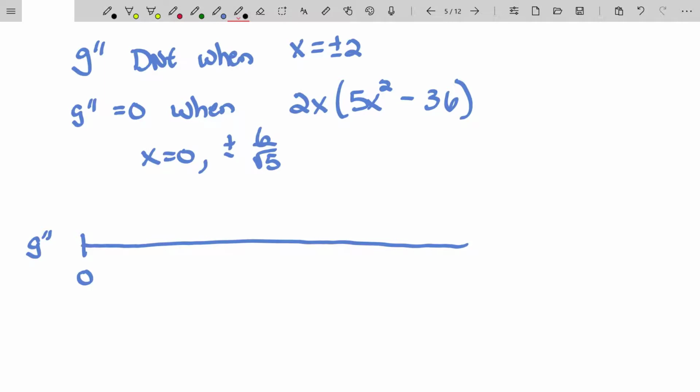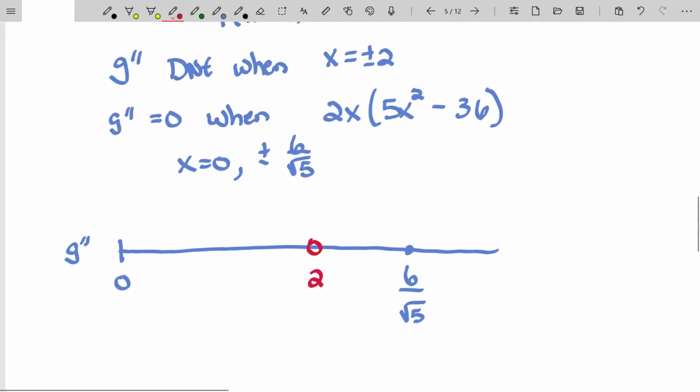So 6 over root 5 is greater than 2, so I'm going to plot that first, actually. So 6 over root 5 I'll put here. Root 5. And then the 2, just underneath that right there, that's where the second derivative does not exist. And then obviously 0. So you have 3 parts of this interval.